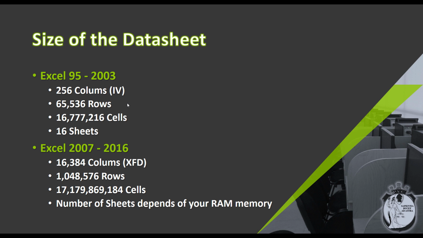I don't know why. In the newest version, they added more columns and rows, more than 16,000 columns and more than 1 million rows. So there are 70 billion cells. There are so many, and the number of sheets depends on your RAM memory.